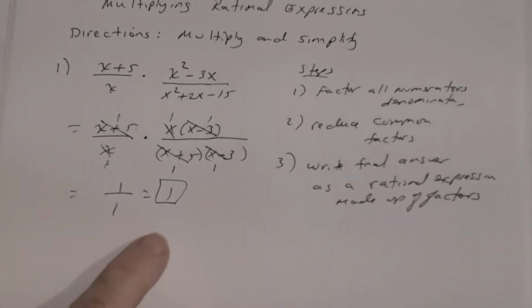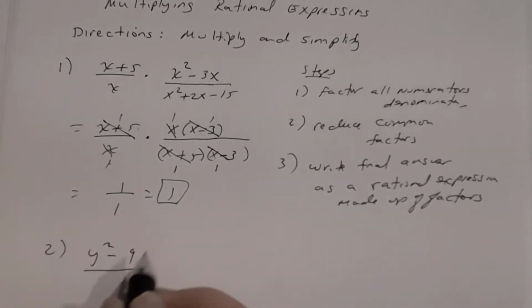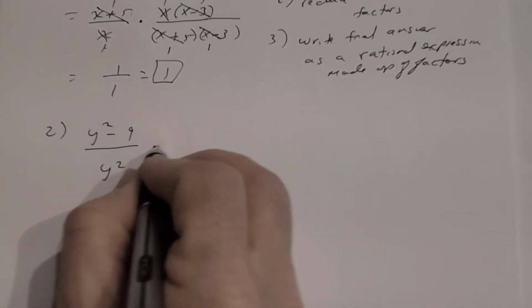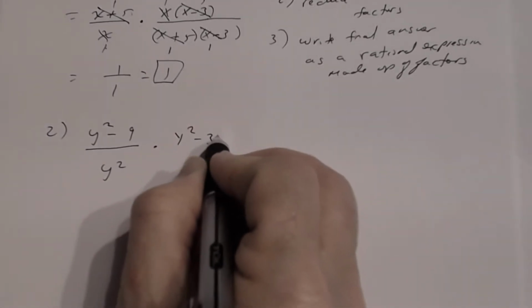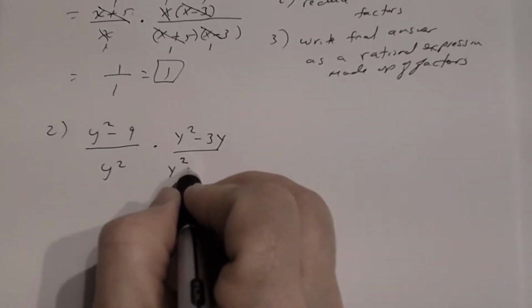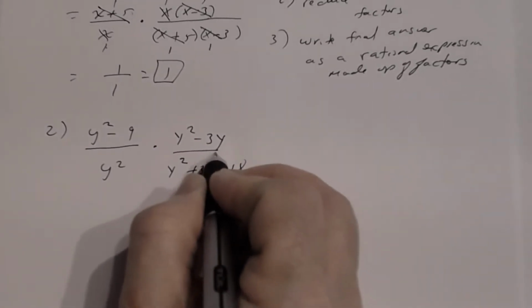All right, so let's look at number 2. You have y squared minus 9 divided by y squared, times the second rational expression, y squared minus 3y divided by y squared plus 3y minus 18.